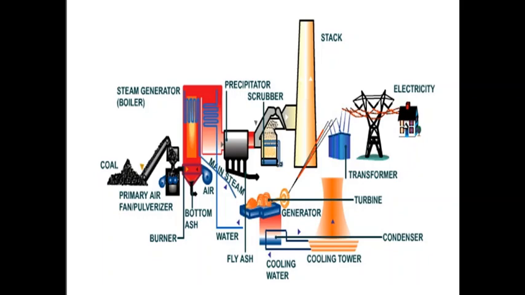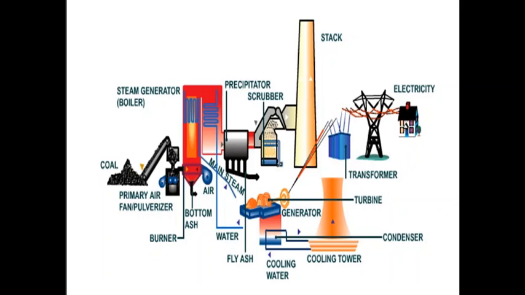That heat is transferred, and gradually the products of combustion, gaseous as well as solid, are generated. The gaseous part is flue gas and the solid part is ash, and this ash has two components.